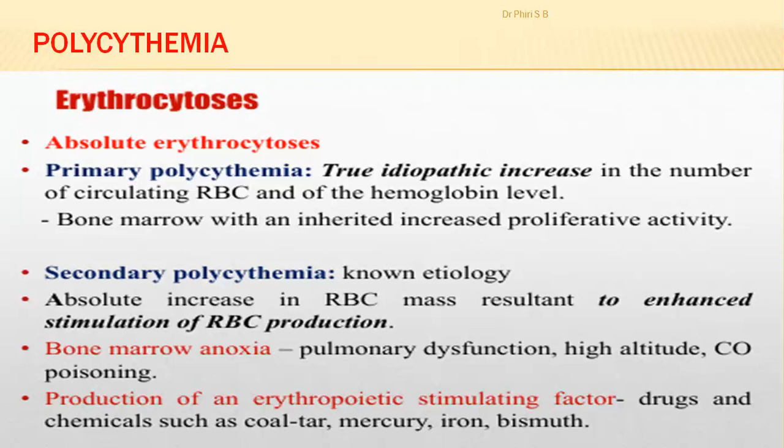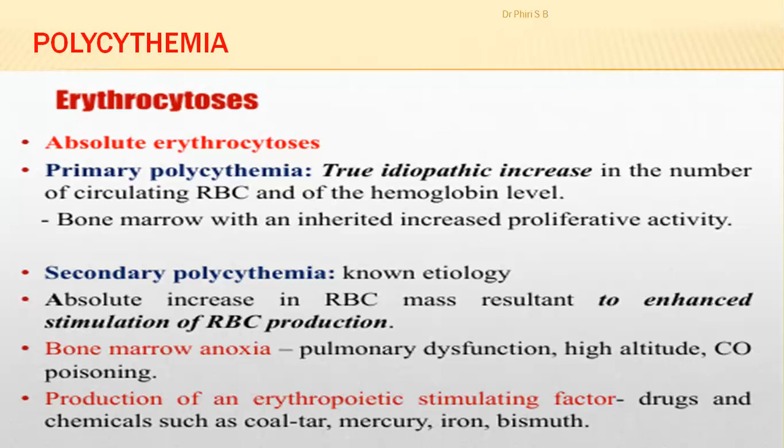High altitude, the higher you go, the less oxygen, and that can also predispose you to hypoxia, and later on it can become anoxia. So you find that the cells that are responsible for the production of erythropoietin will be stimulated by these factors. Then the end result, they will stimulate more production of red blood cells.